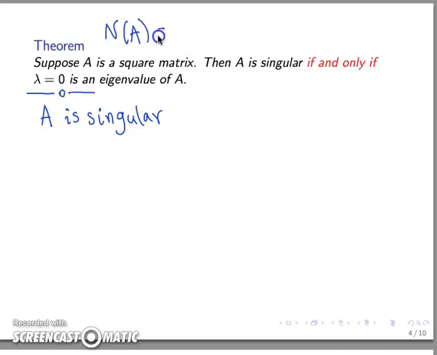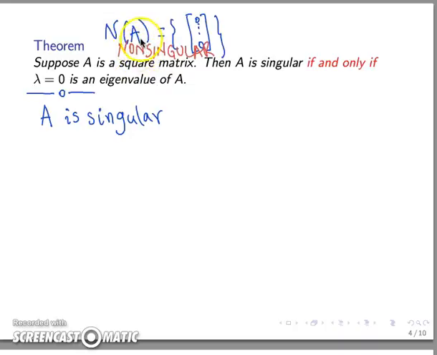If this null space is a set that contains only one vector, and that vector is the trivial vector, the vector of all zeros, then we say that the matrix is non-singular. So if the only member of the null space is the trivial vector, then the matrix is considered non-singular.